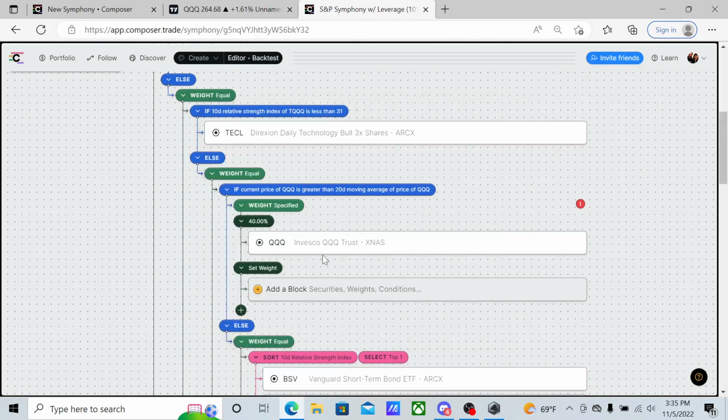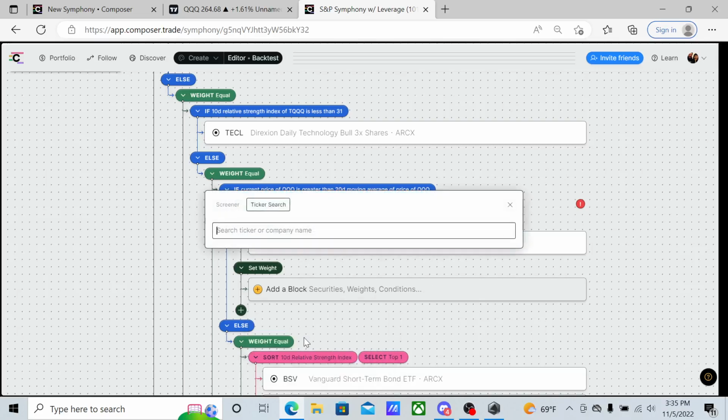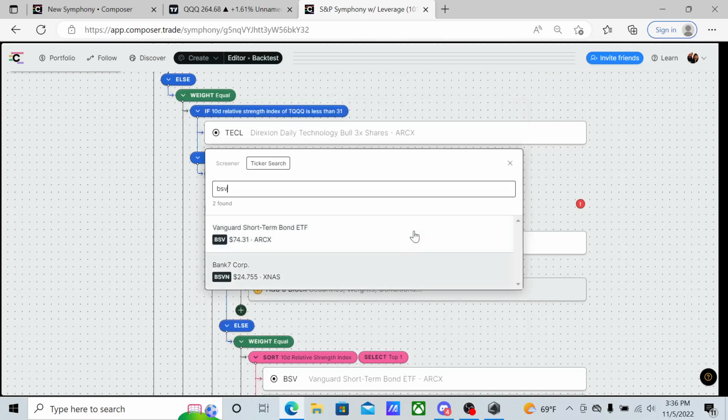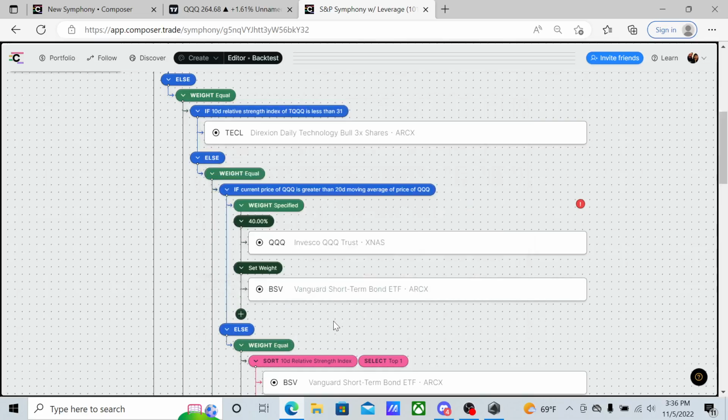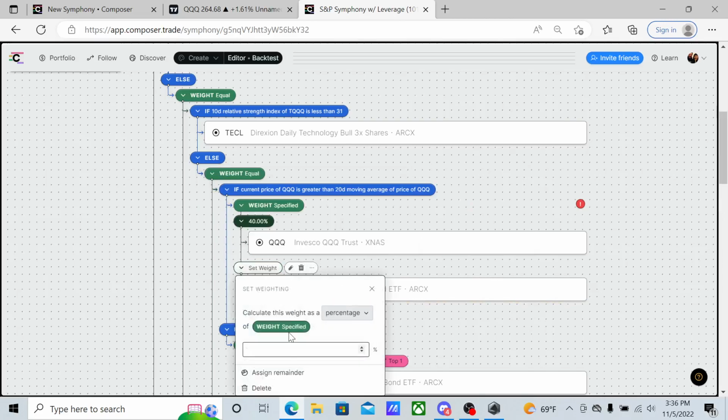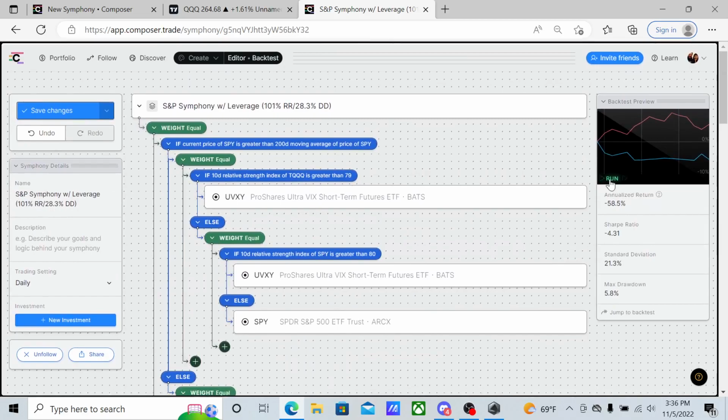So you could do it this way too. You could put 40% in QQQ and then maybe the other 60% in bonds. You could try that, but see they're kind of both declining.